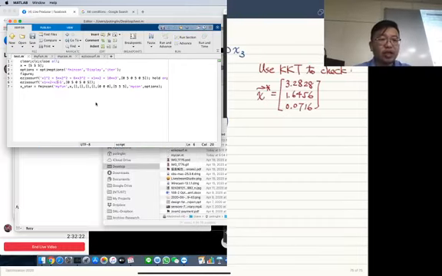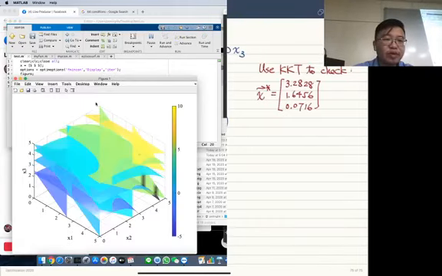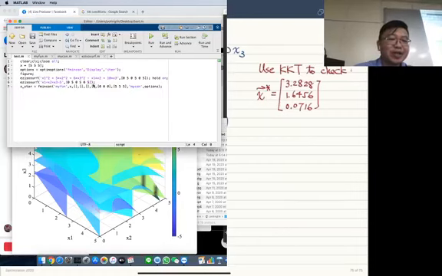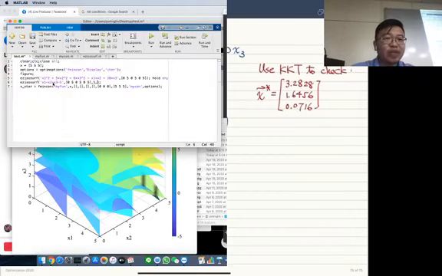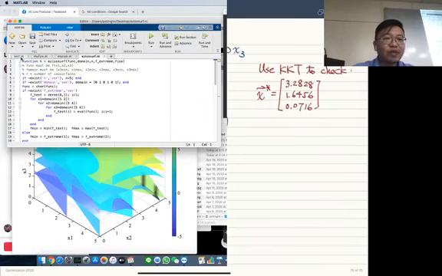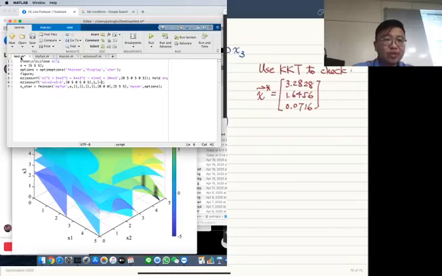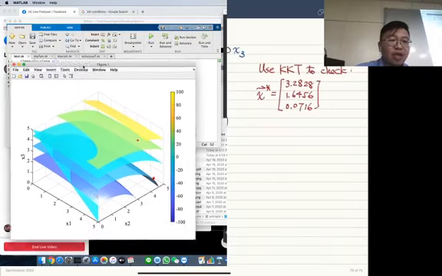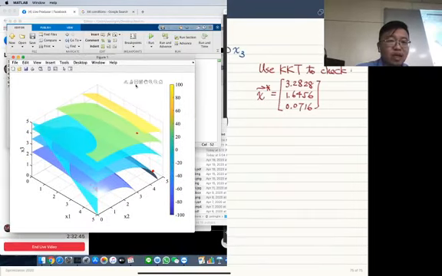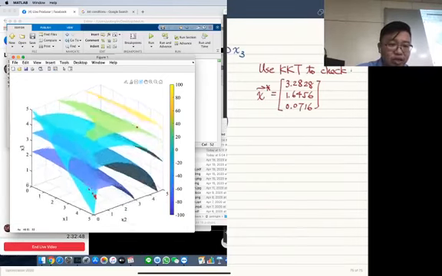Okay, and let's take a look. Sorry, I need to play with this function. Otherwise, there are too many contours. Okay, so now let's take a look.